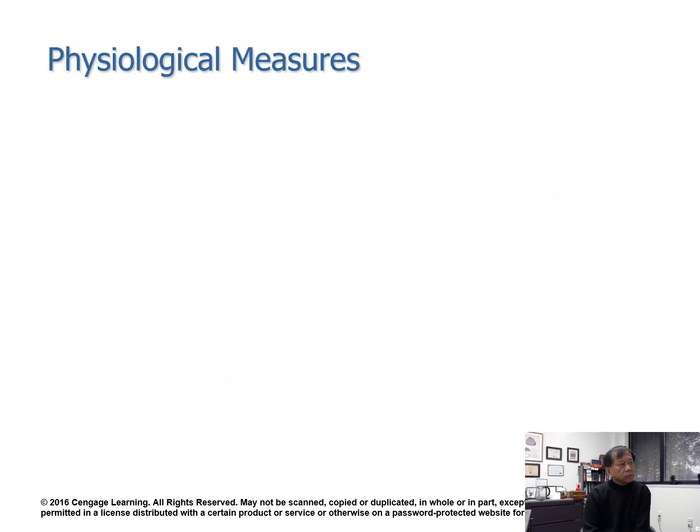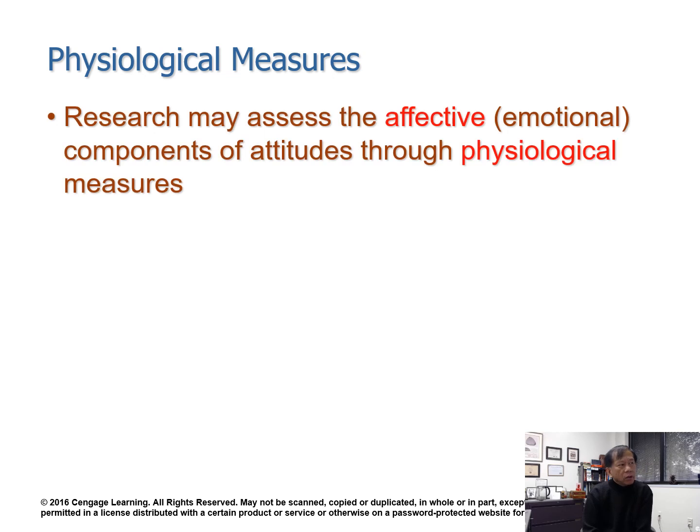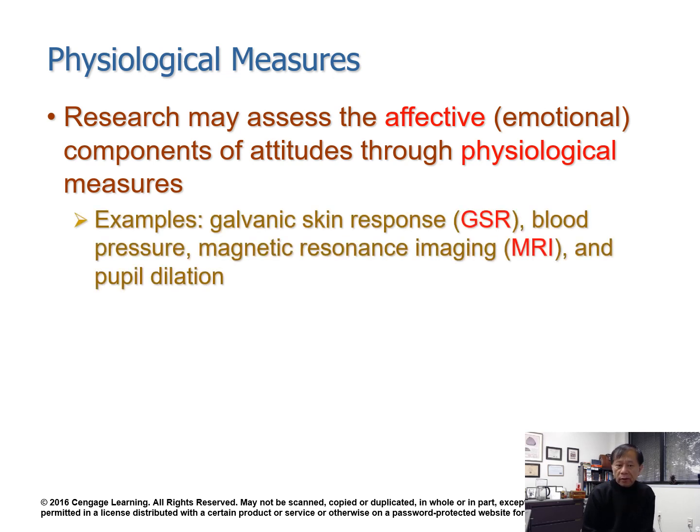Researchers may assess the affective or emotional components of attitude through physiological measures, for example, galvanic skin response, skin conductivity, electric conductivity, blood pressure, magnetic resonance imaging (MRI), and pupil dilation.